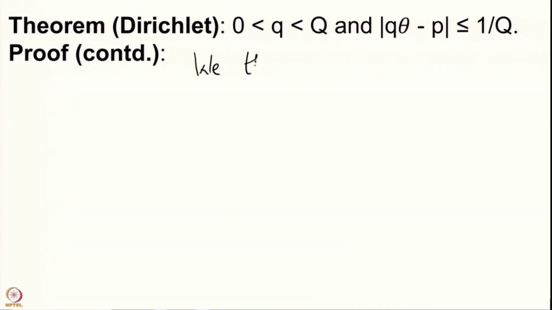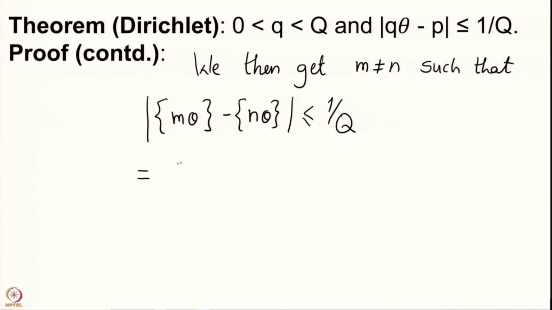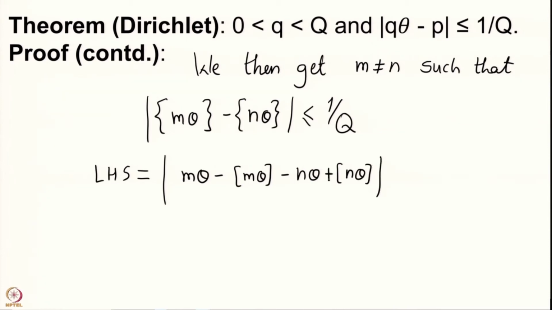So, we then get m not equal to n such that the fractional part of m theta minus the fractional part of n theta is less than or equal to 1 by Q. And if I now explain this notion, the left hand side has notation fractional part, which is nothing but m theta minus the integral part of m theta, and then I have n theta minus the integral part of n theta, which will now become plus.